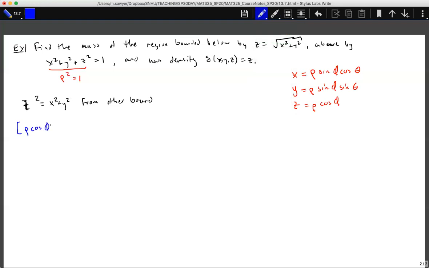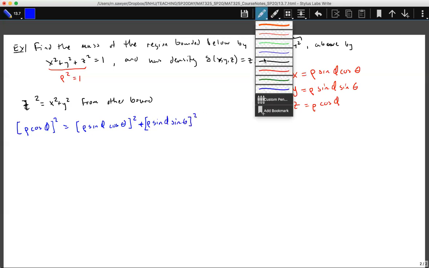So z squared is equal to rho cosine of phi squared, and then x squared is rho sine of phi cosine theta squared plus rho sine phi sine theta squared.